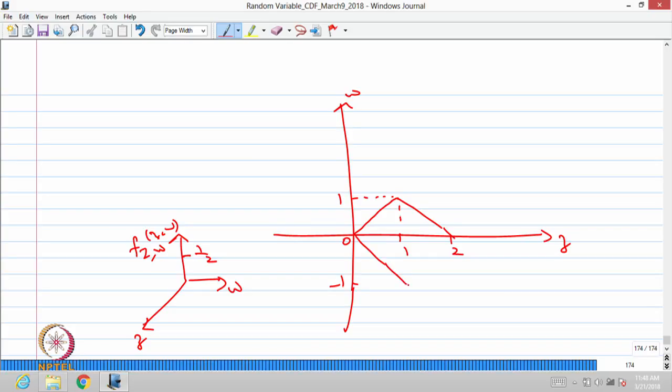I am not drawing the diagram in correct scaling, it is just for illustration purposes.